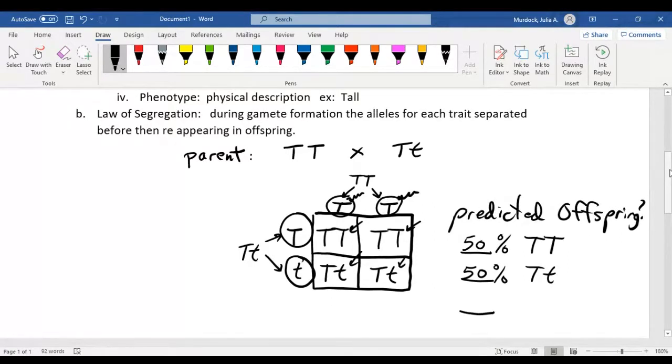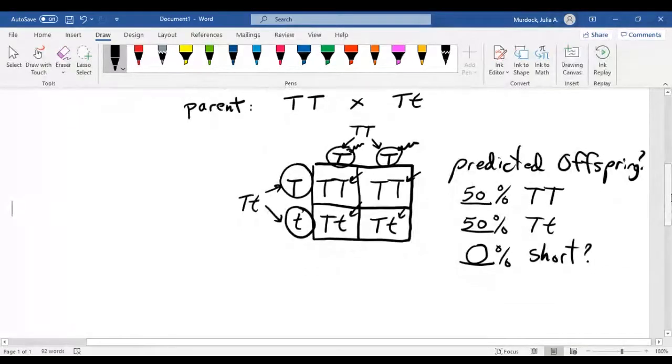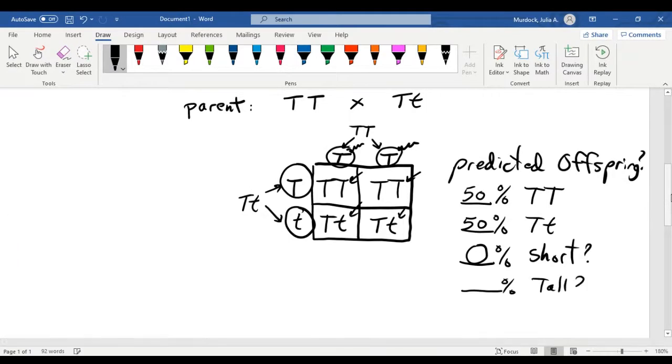Okay, what about the percentage of short offspring? 0, very good. None of these offspring can be short because all of them have big T's in them. What about the percentage of tall offspring? 100, exactly. Okay. Remembering how all this works? Yes? Good.